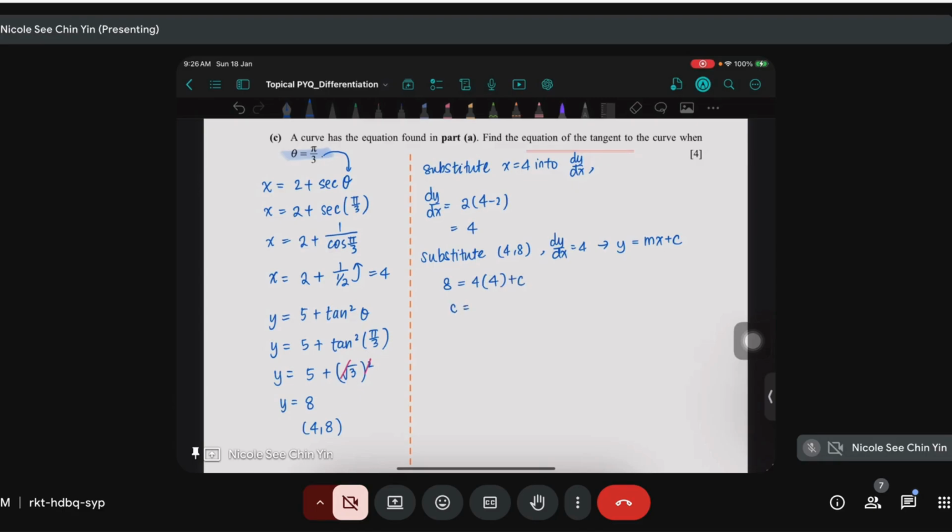So my c equals 8 minus 16. c equals negative 8. Therefore, my equation of the tangent is y equals 4x minus 8.